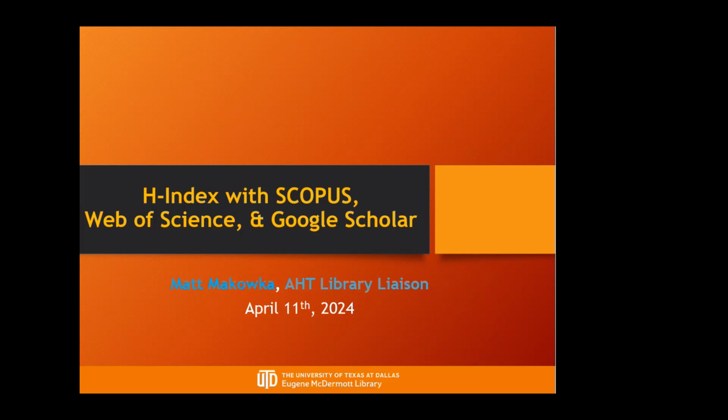Then we'll walk through the various tools used to calculate it. Again, the library databases and Google Scholar. And then finally, I will conclude by looking at some of the criticisms and shortcomings of the H-index. Because this should run relatively short, I think roughly 30 minutes, give or take a few minutes, there will be plenty of time for questions and answers at the end.